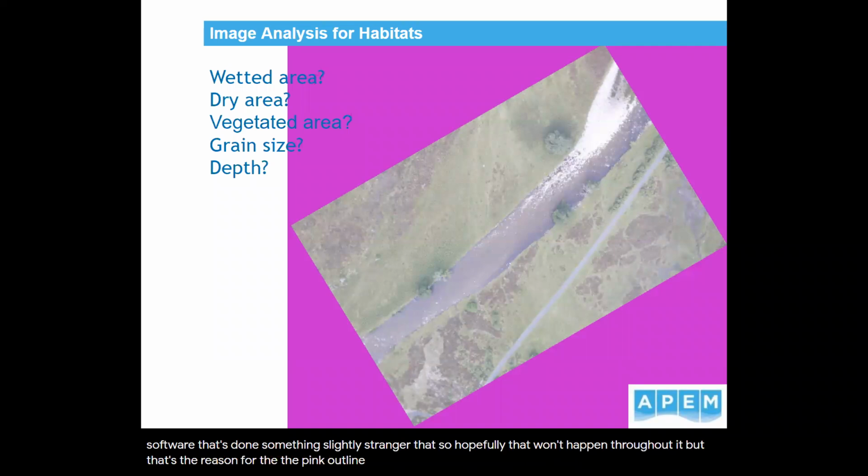But anyway, there's software developed now specifically for looking at fish habitats, or habitats within the river, and that's derived from aerial imaging.